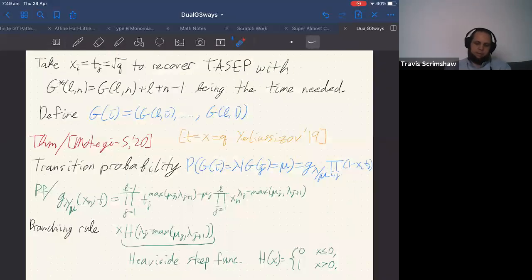And so if we take x_i equals t_j equals the square root of q, we get the connection back to TASEP, where the time that we actually need for the nth particle to move L steps is given by the value G(L,n) plus L plus n minus 1. And that gives us this connection to TASEP.